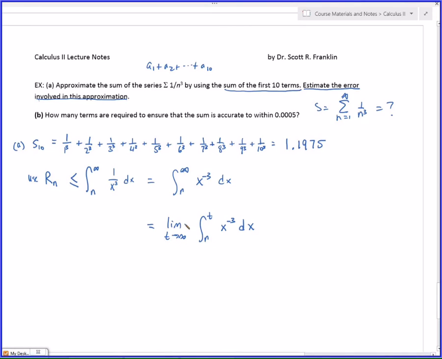Okay, so the integral here, no, only natural log if it's 1 over x. How do you integrate x to a power? Add 1.